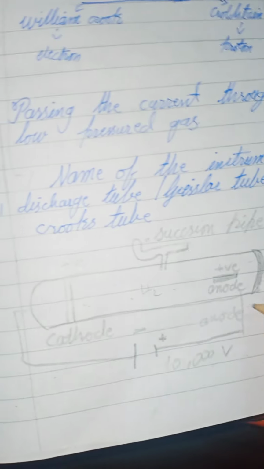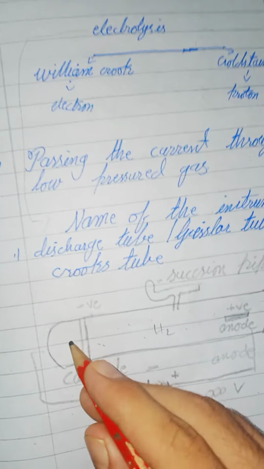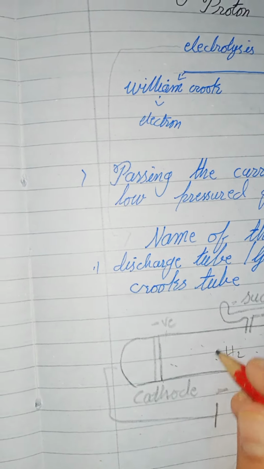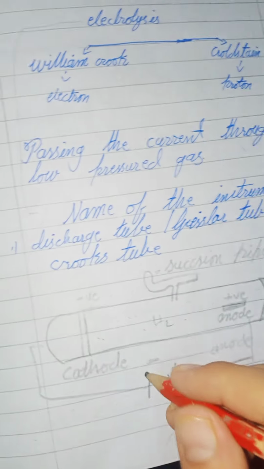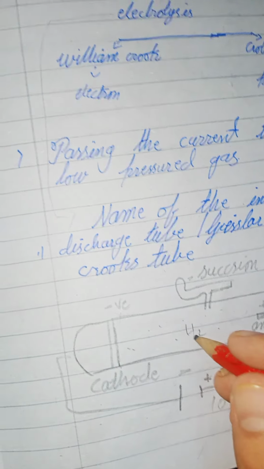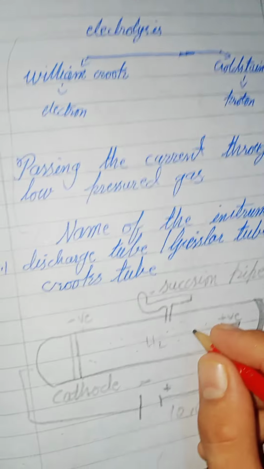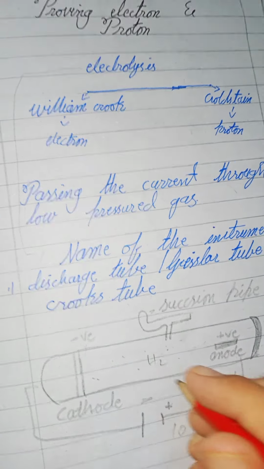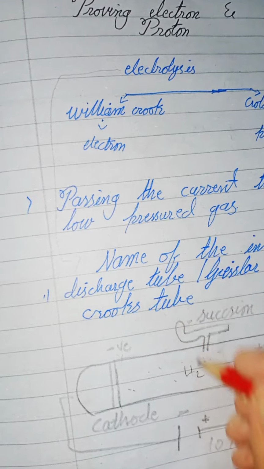When we give the current of 10,000 volts, the negative charges will come inside the tube, but they will not, because of the high pressure of H2. Inside, the pressure is high because there are many H2 molecules. So with the suction pump we simply take H2 out.